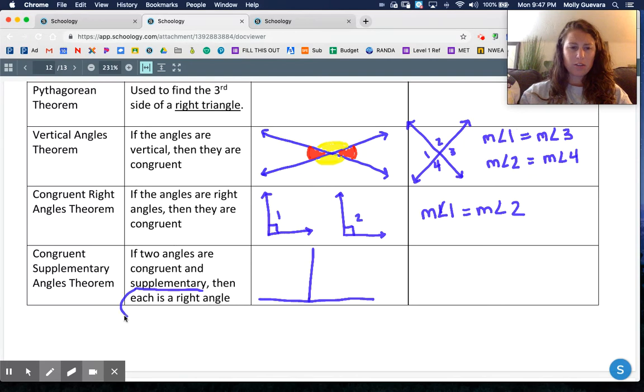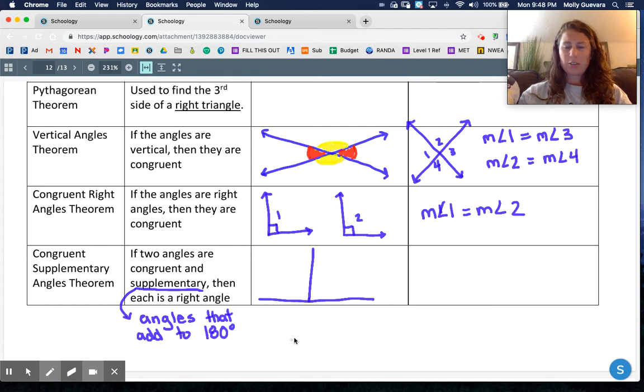You need to make a note. Angles that add, did I say 90 before? I'm sorry. To 180 degrees.